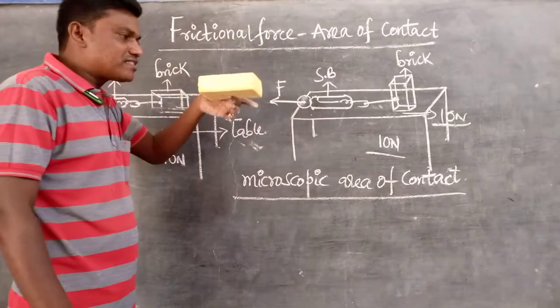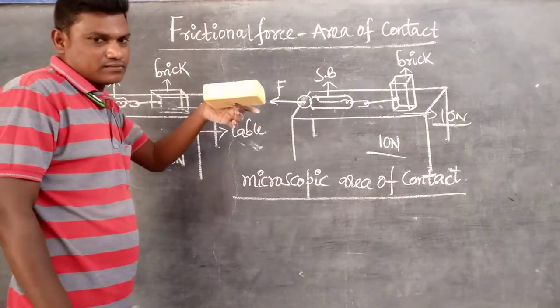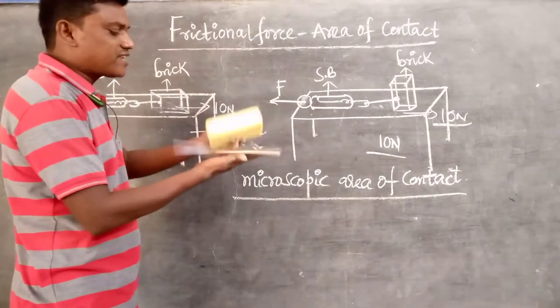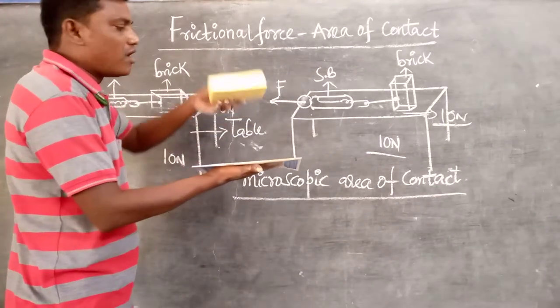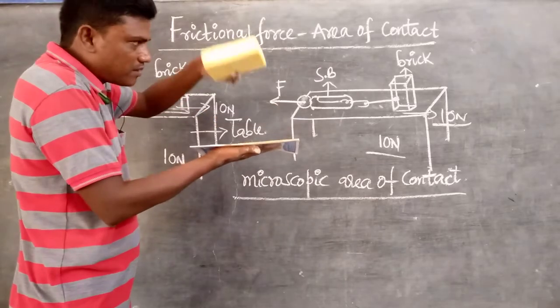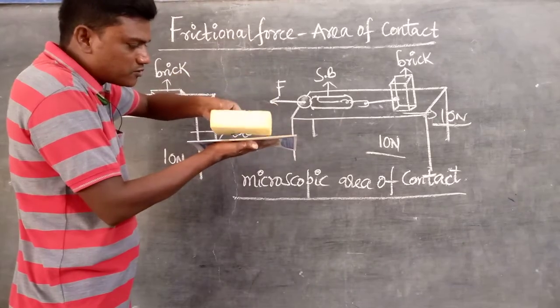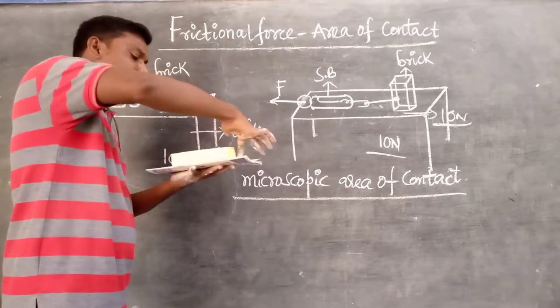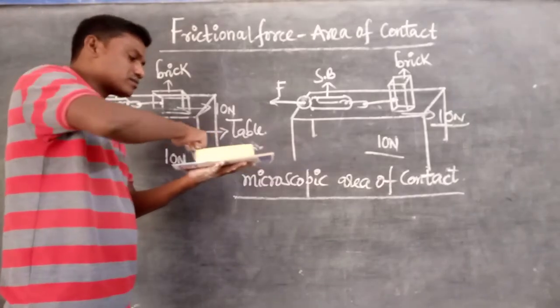This duster we can take as a brick, and this book we can take as the surface of the table. When the brick is placed in a horizontal position on the table, you draw the boundaries of the brick.